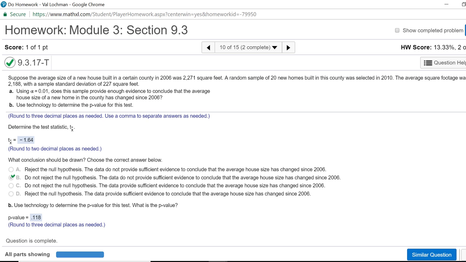P-value method: you compare this value to your alpha level. 0.118 is a lot bigger than 0.01. We do not reject the null hypothesis. So this is how you would do your hypothesis testing with the t-test when sigma, the population standard deviation, is unknown. All right, thank you for watching.